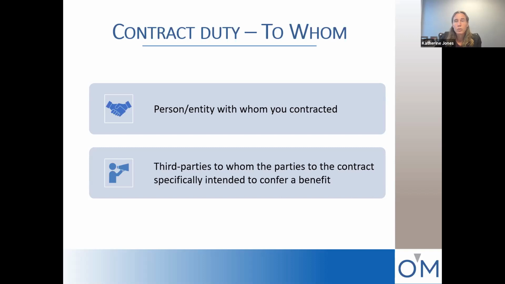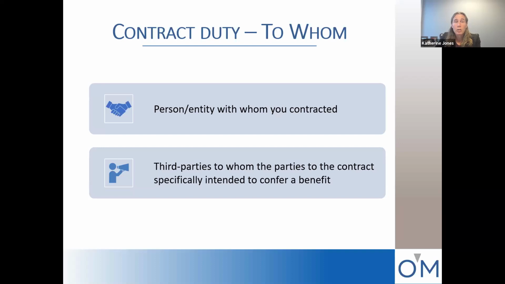A lot of times you will see contracts in which the project owner is mentioned, maybe in a contract between an architect and an engineer, but courts have generally held that that's not enough to confer a benefit for that project owner to bring a direct suit against an engineer. Instead, there needs to be some really specific clause in that contract that confers that benefit.